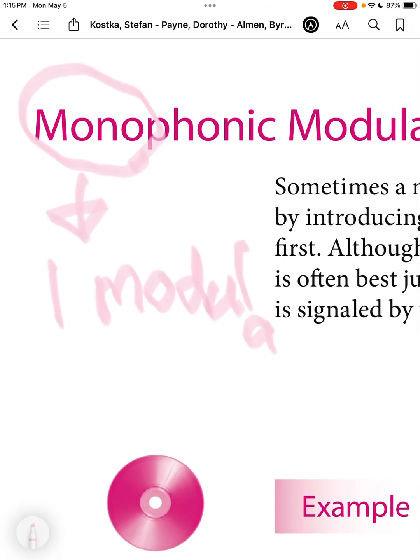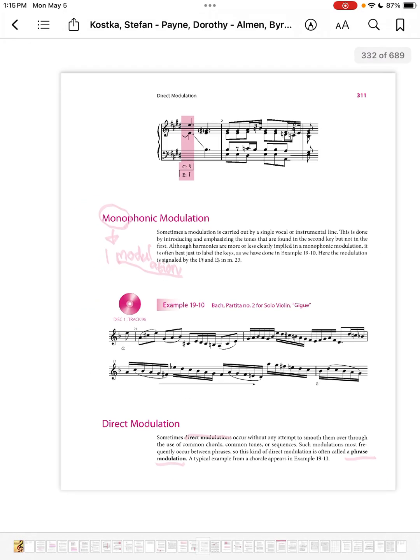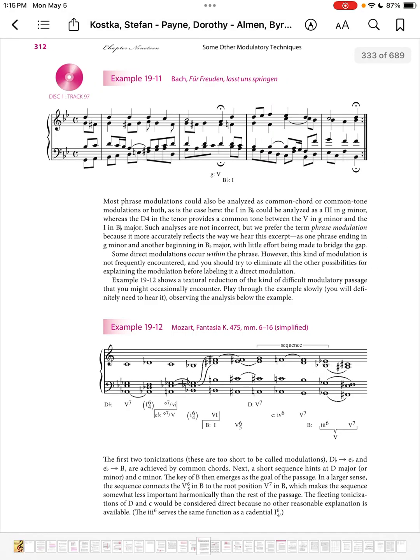And if you deal with a direct modulation, that's common chords, which sometimes is called a phrase modulation. Most phrase modulations are common tones, by the way.